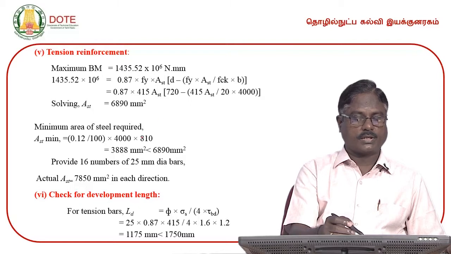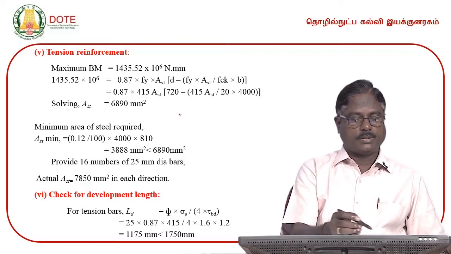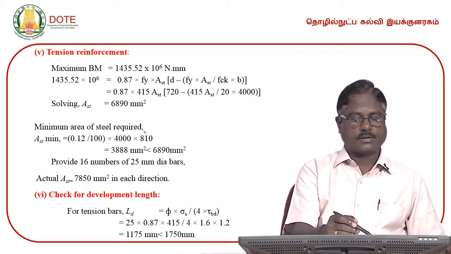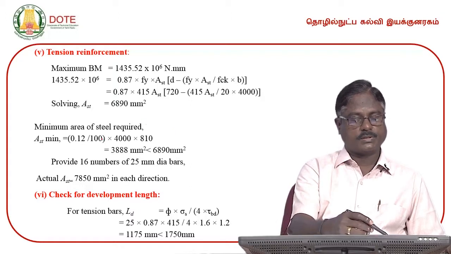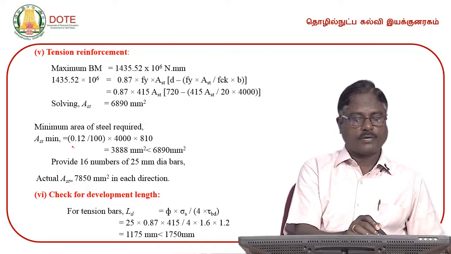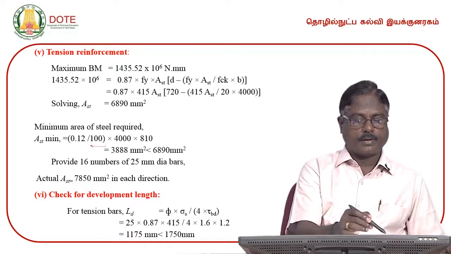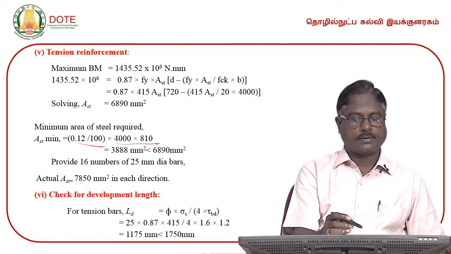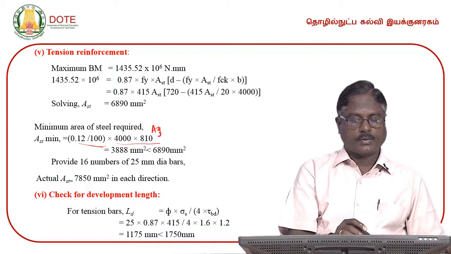Since it is similar to a slab, the minimum area of steel for a slab is 0.12% of the gross area if you use Fe 415 and other HYSD bars. So, using the same expression, the minimum area of steel is 0.12% of the gross area of the footing, Ag, and it comes around 3888 millimeter square.